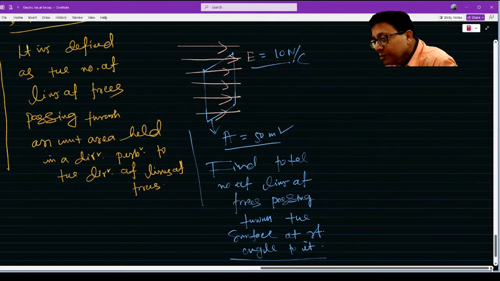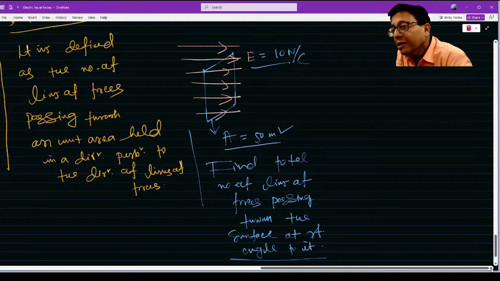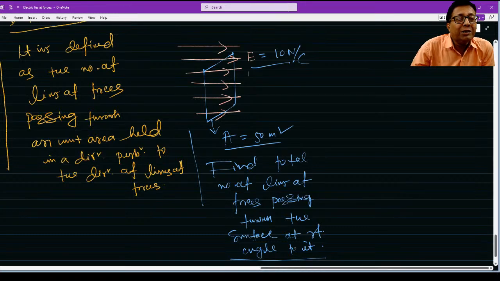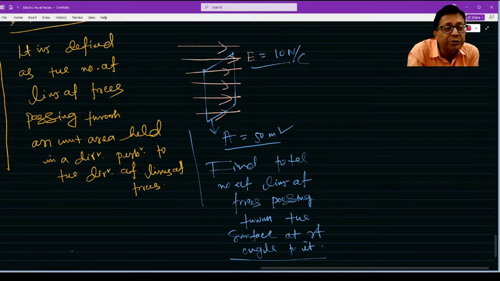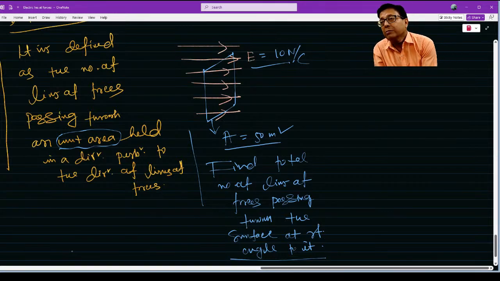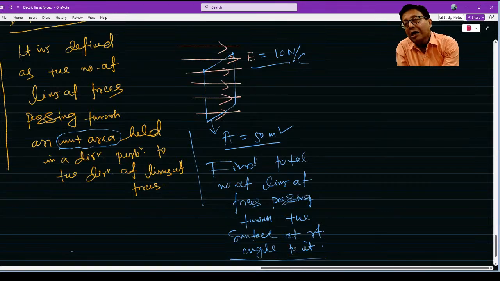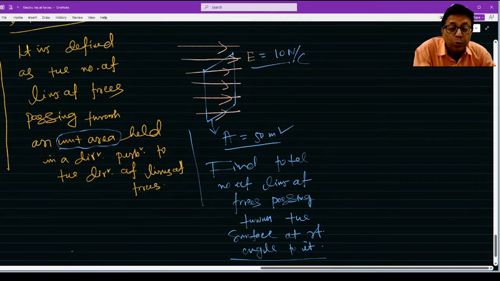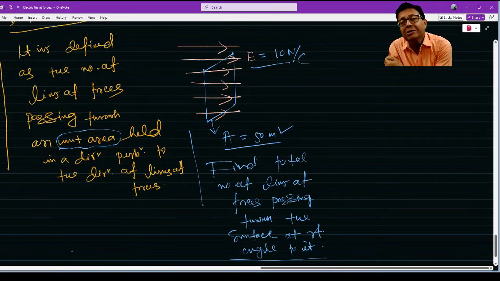Use the definition. Through unit area, how many will pass? By definition, E stands for what? Number of lines of forces passing through an unit area. This is the measurement of the lines of forces passing through unit area. If you have kept 1 meter square area, how many lines of forces will pass? 10.